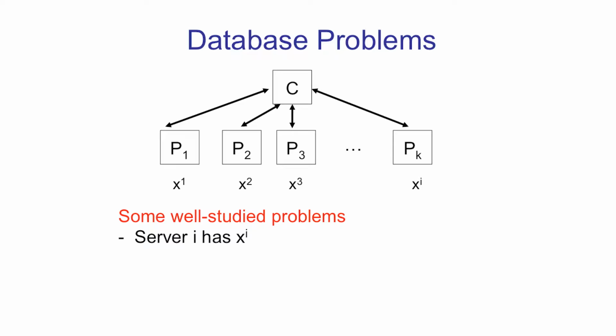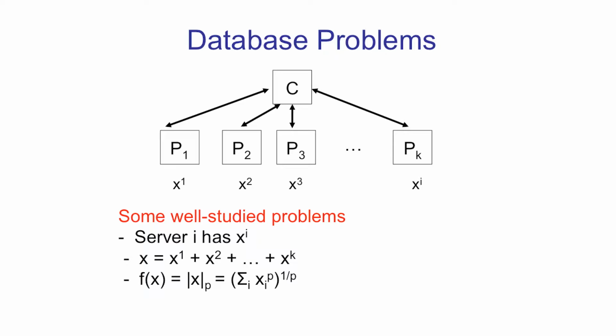So here, think of these xi's as being vectors. And what we're interested in is properties of the sum vector. Okay, so x is the sum of the vectors over the players. And one function that's been studied repeatedly in the data stream literature is the p-norm of the vector x.